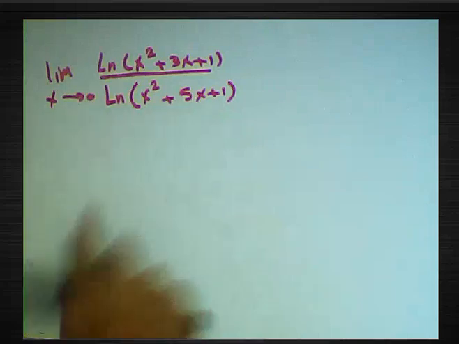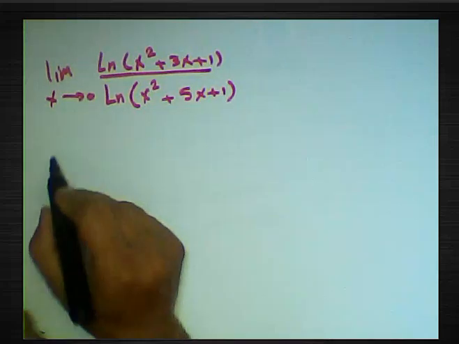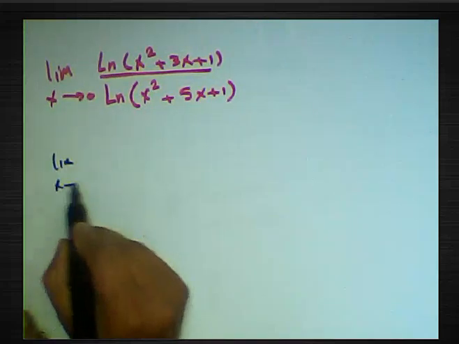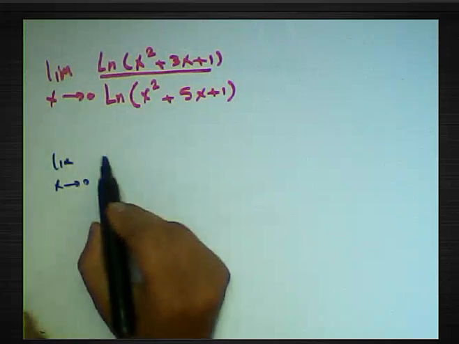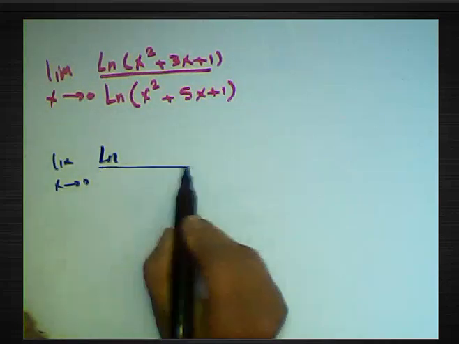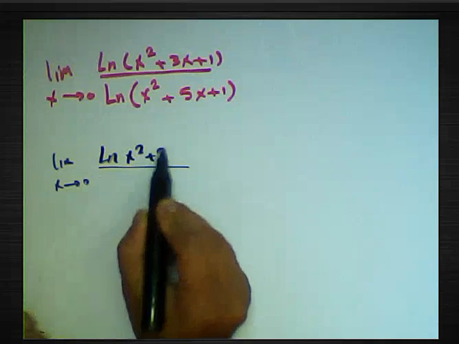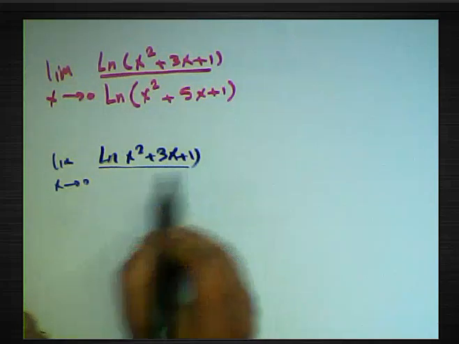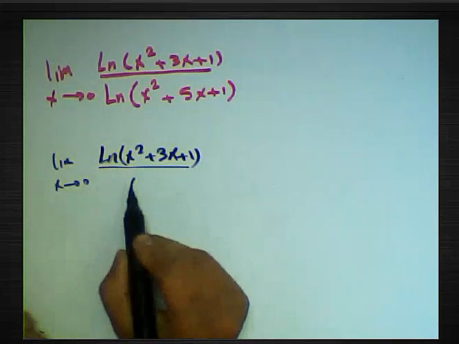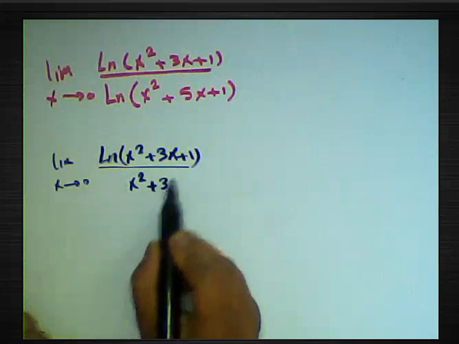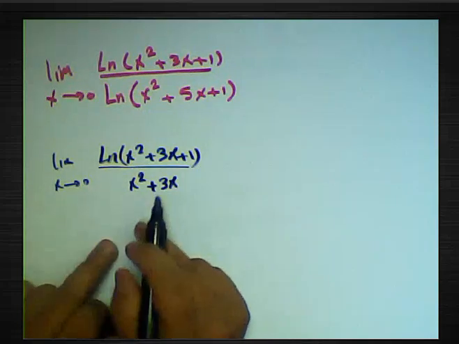So we can find this by writing the limit as x approaches 0 of ln(x^2 + 3x + 1) over x^2 + 3x. We can get the result here, it will be 1.